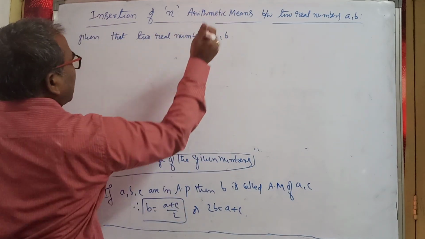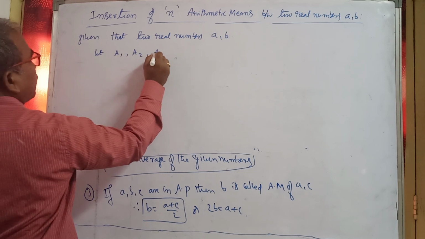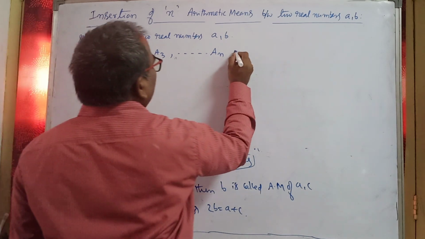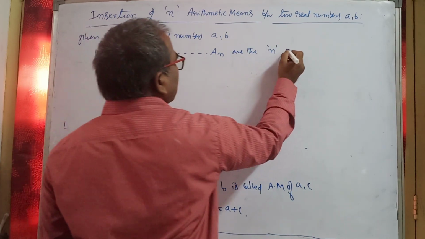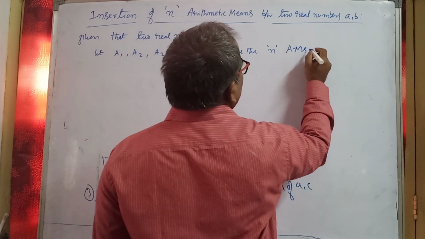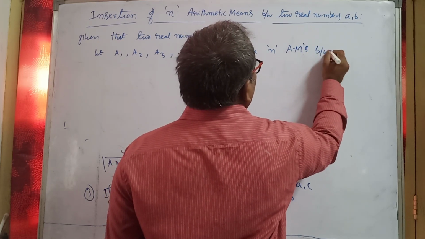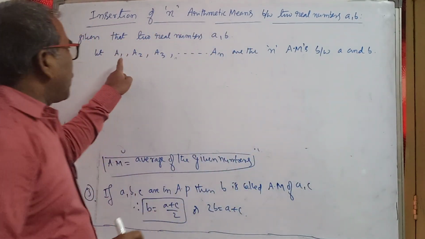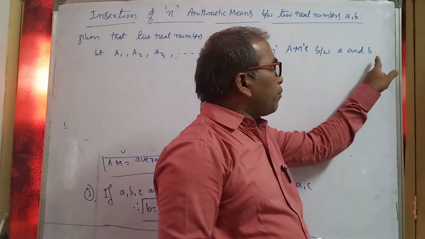Let a1, a2, a3, up to an be the n arithmetic means between a and b.